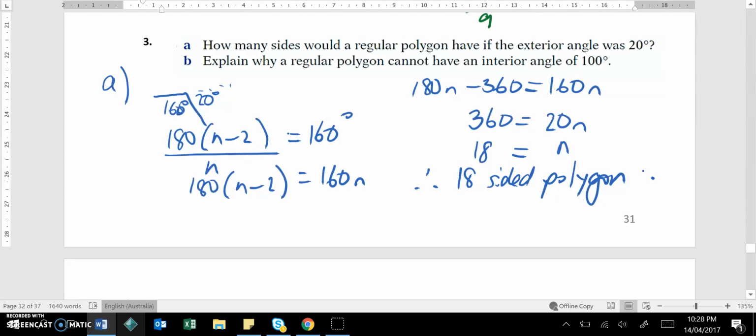Awesome. So for question B, it's kind of an explain why question, and it says explain why a regular polygon cannot have an interior angle of 100. Well, if you think about it like this, I'll just do this one over here. If I have an interior angle of 100 degrees, it's not possible because the exterior angle would need to be acute.